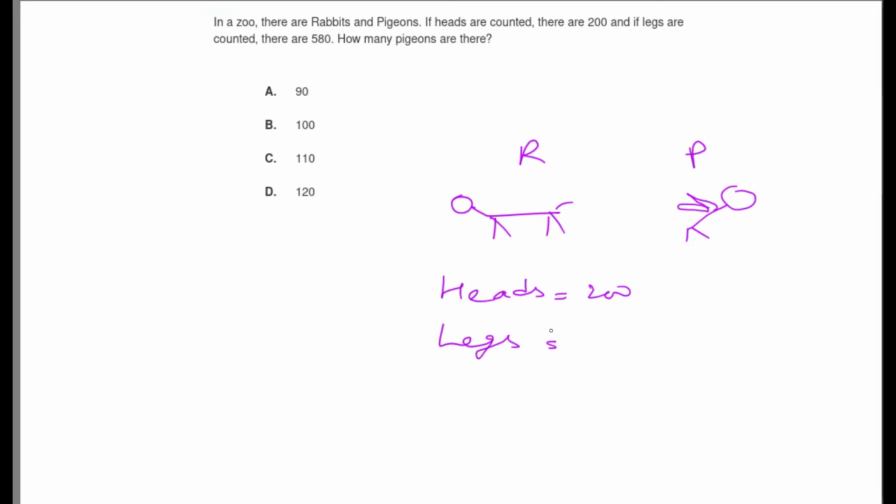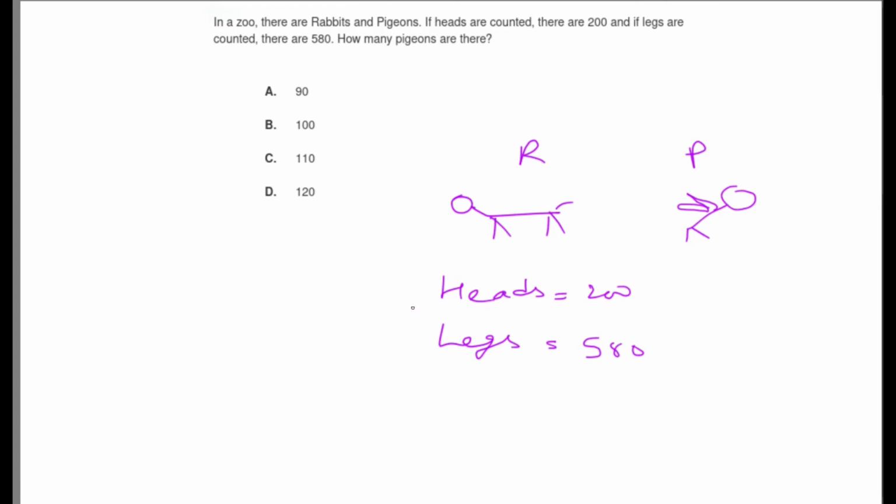If their heads are counted there are 200 heads, and their legs counted are 580.